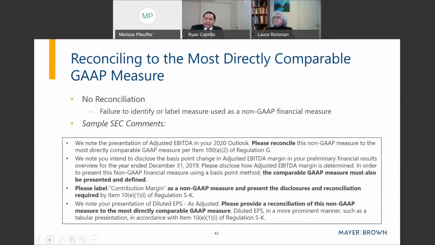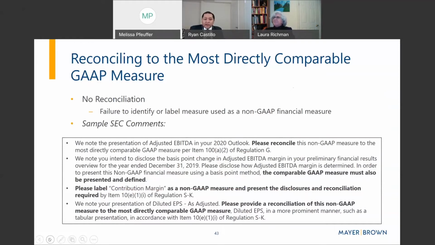The first general bucket is reconciling non-GAAP to the most directly comparable GAAP measure. This includes the case of no reconciliation, i.e., the company used a non-GAAP measure in its disclosures, but then failed to identify or label the measure as non-GAAP.